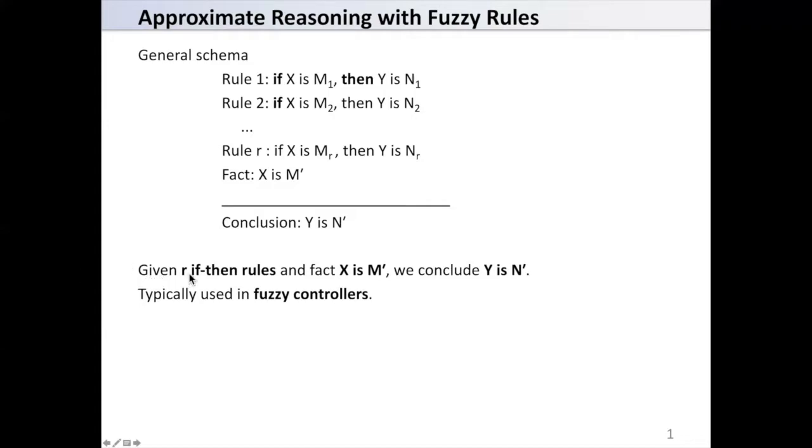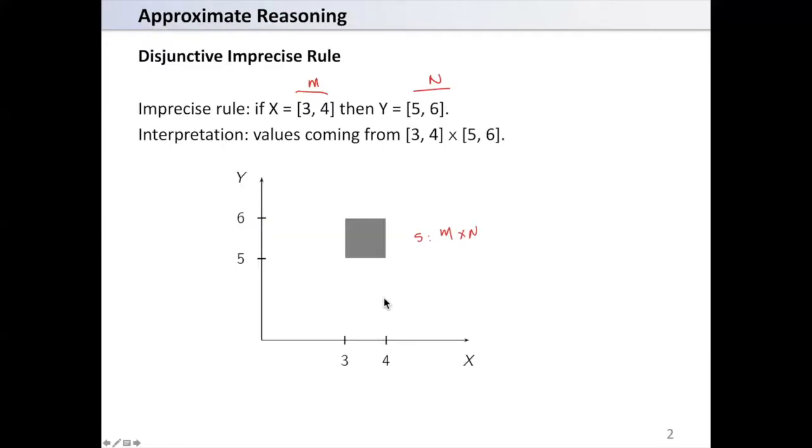Given R if-then rules and the fact that x is m prime, we conclude that y is n prime. These are typically used in fuzzy controllers.